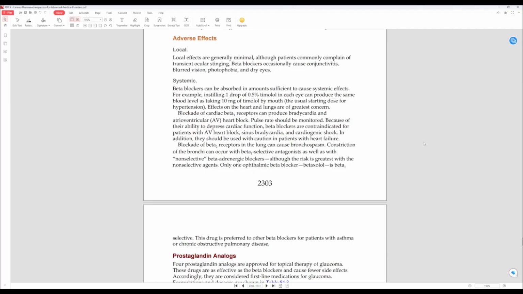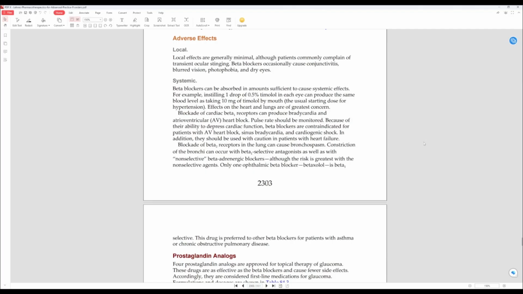Because of their ability to depress the cardiac function, beta blockers are contraindicated for a patient with AV heart block, sinus bradycardia, and cardiogenic shock. In addition, they should be used with caution in patients who have heart failure. Blockade of beta-2 receptors in the lungs may cause bronchospasms.